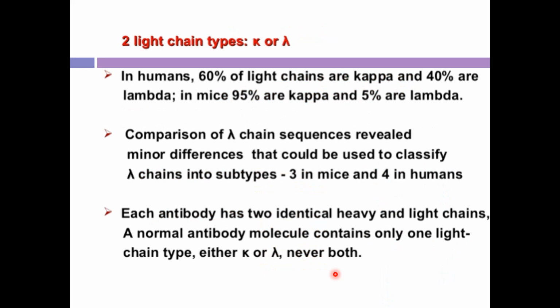Now the light chains. In humans, 60% of light chains are kappa and 40% are lambda. Always remember, each antibody has two identical heavy and two identical light chains. A normal antibody molecule contains only one type of light chain, either kappa or lambda, never both.